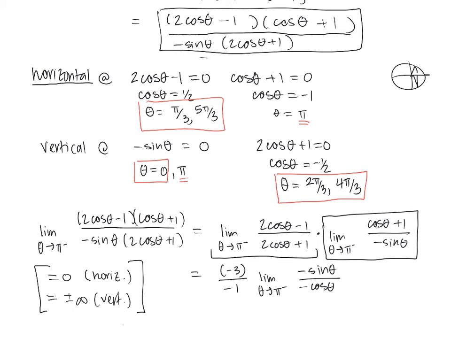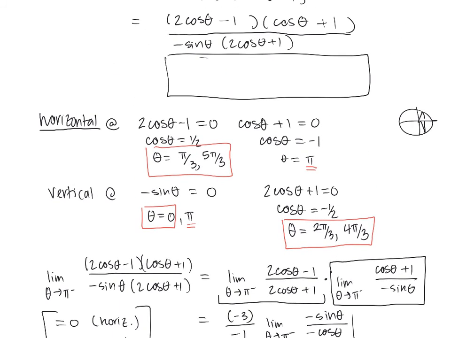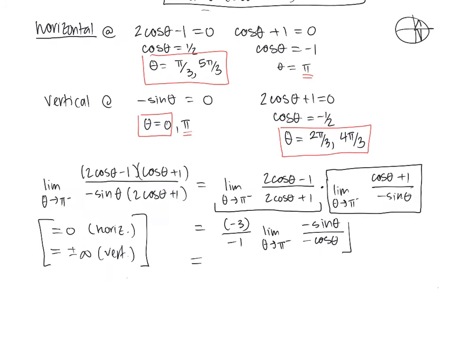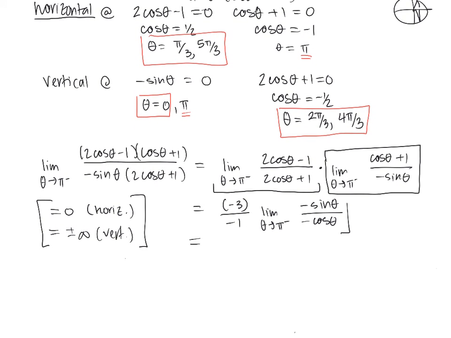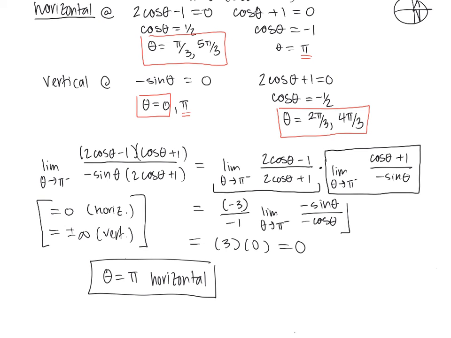I think this ends up giving you, now can you plug in theta equals pi in this limit? And you get 0. That's going to be 3 times 0, or 0. So at theta equals pi, is the tangent horizontal or vertical? Horizontal. Does that seem to make sense with our picture? Yeah. Okay, that's crazy.